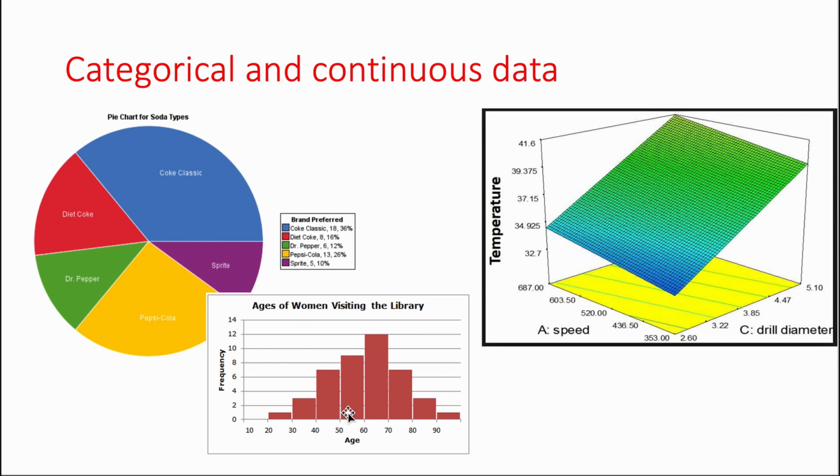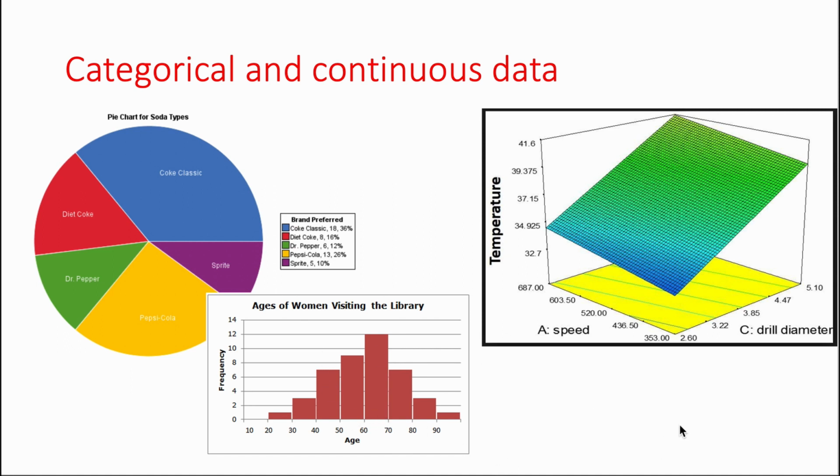So we can change the histogram around, alter the x-axis, and the data wouldn't change, and you would still know that this age group visits the library the most. So it's not as easy to see that this pie graph is categorical, but this histogram is also categorical. Each one of these age bins is a different category, and you could jumble this histogram around and still keep the integrity of the data.